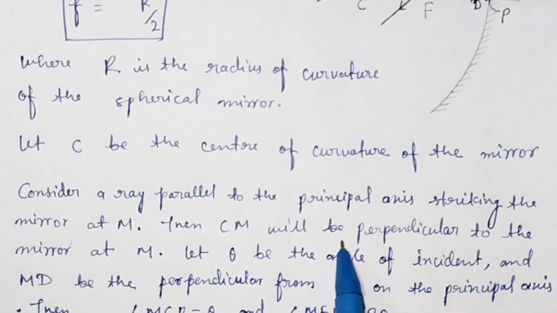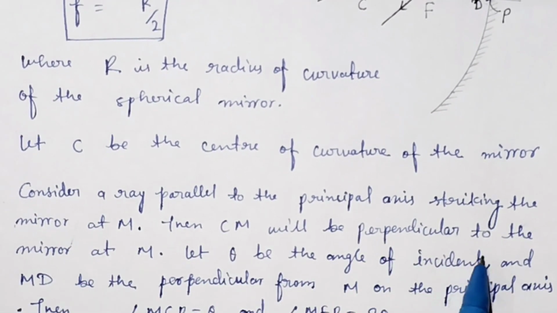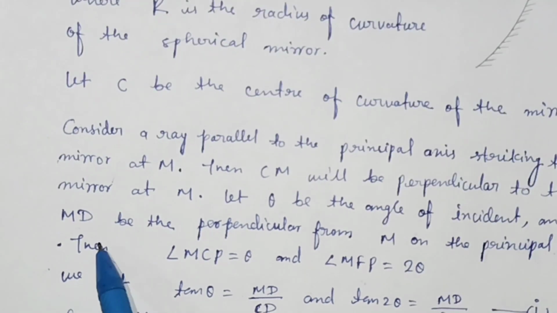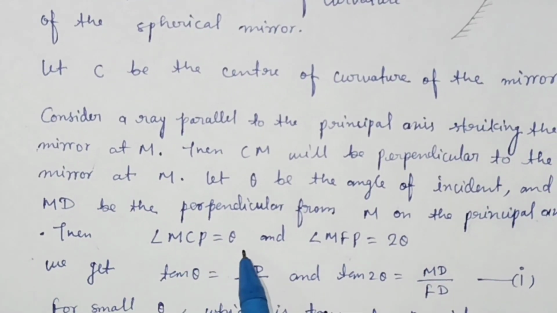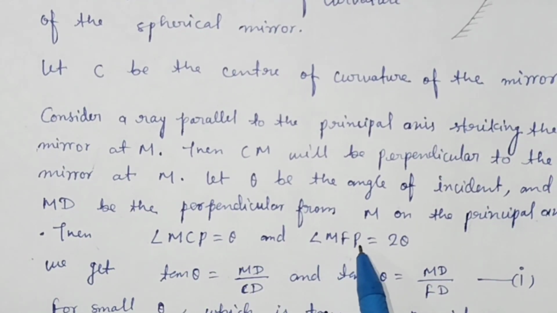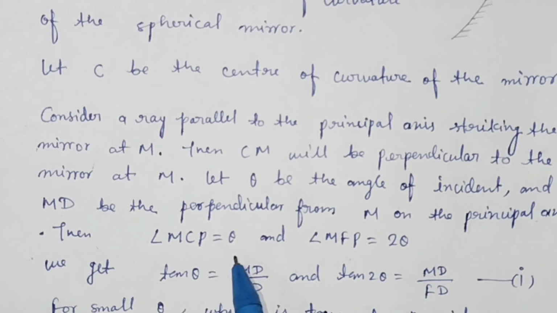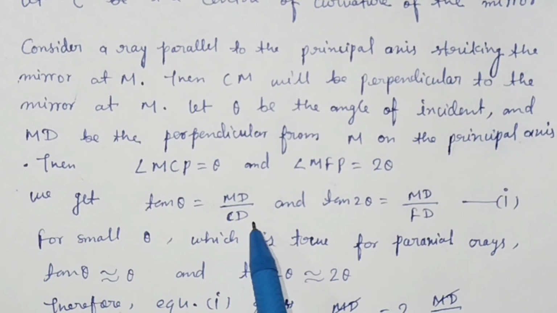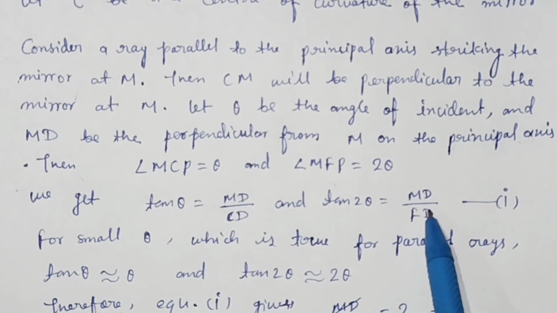Then CM will be perpendicular to the mirror at M. Let theta be the angle of incidence and MD be the perpendicular from M on the principal axis. Then angle MCP is equal to theta and angle MFP is equal to 2 theta. So we get tan theta is equal to MD upon CD and tan 2 theta is equal to MD upon FD.